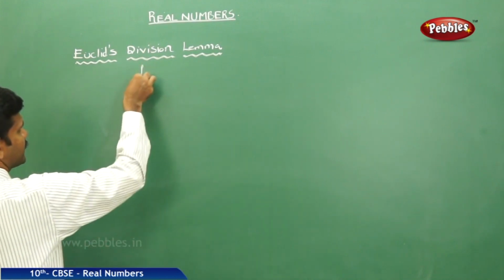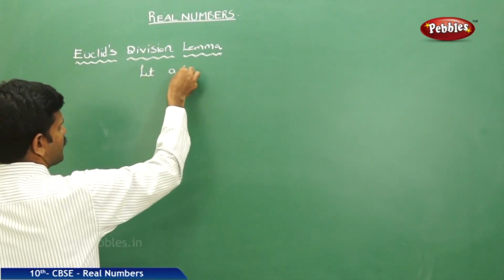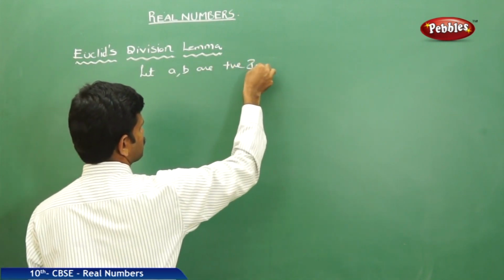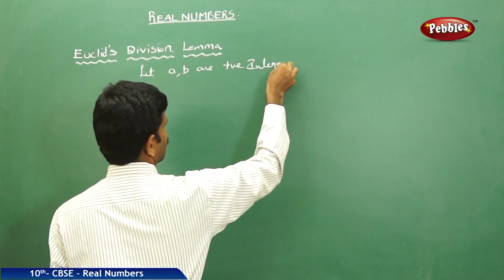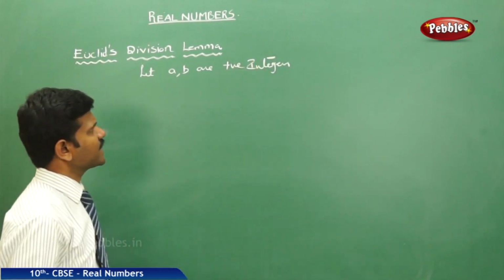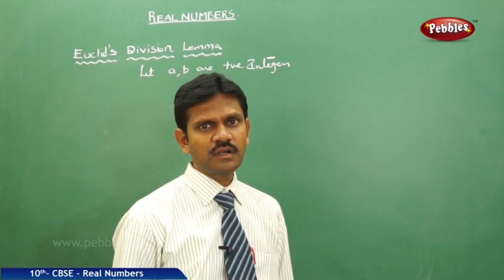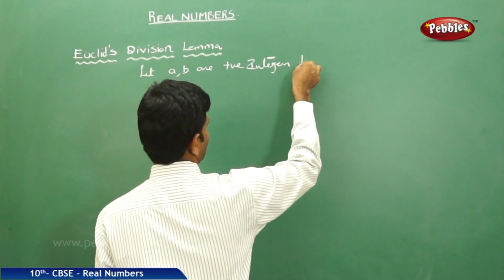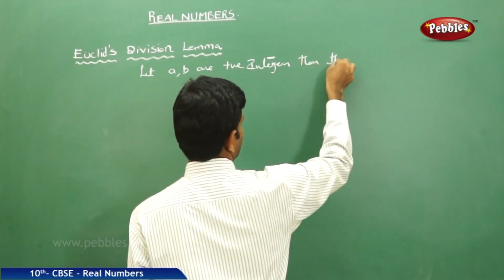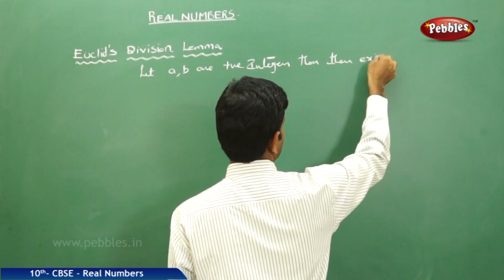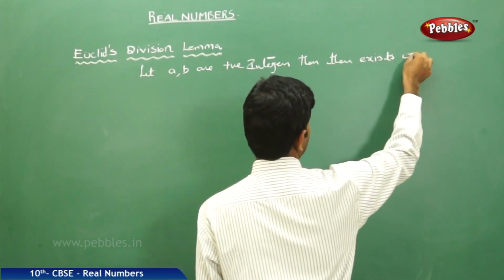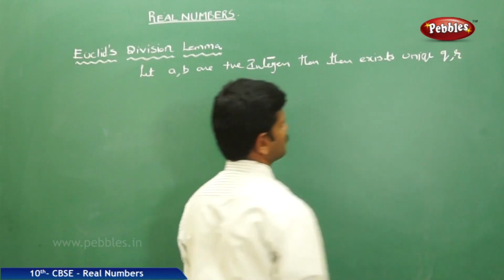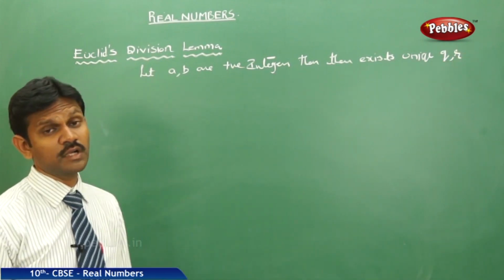Now, let a, b be two positive integers. Then there exist unique q, r, unique meaning one and only one.